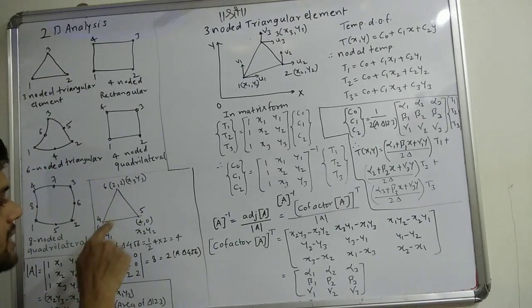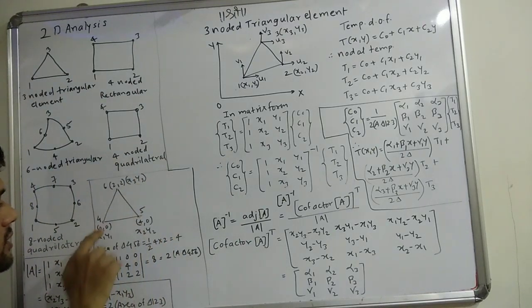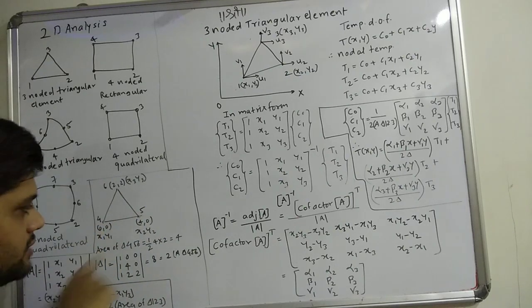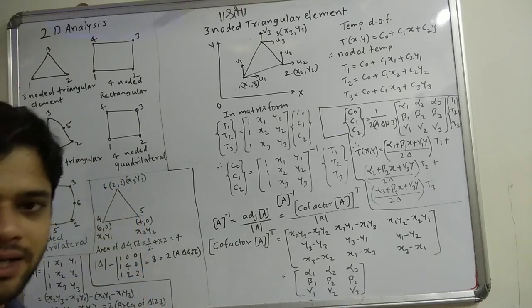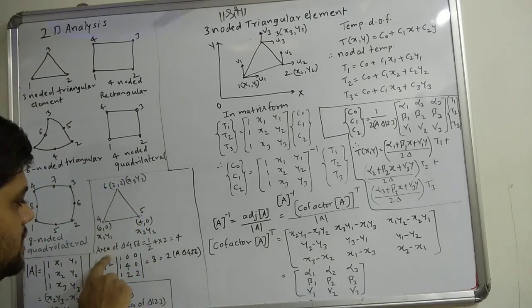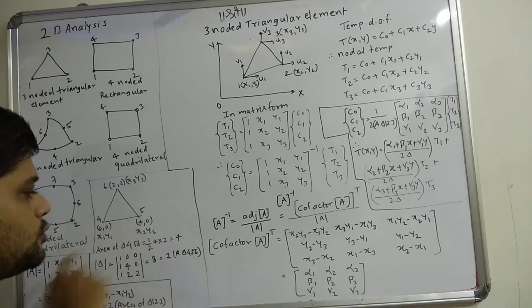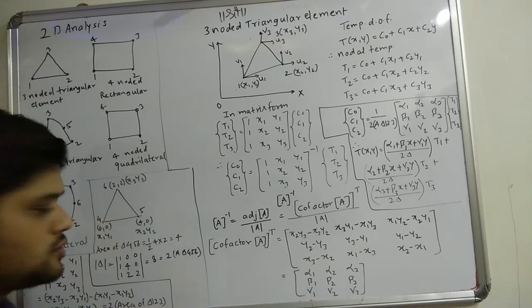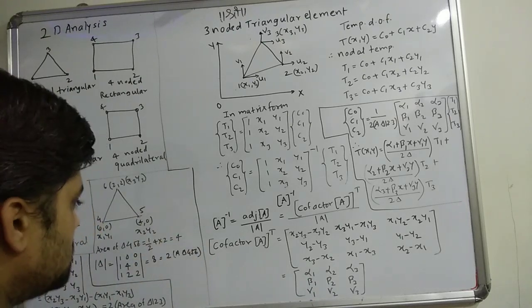Just to prove that, I have taken a small triangle x1 y1, x2 y2, x3 y3 with values 0 0 as x1 y1, 4 0 as x2 y2, and 2 2 as x3 y3. I will find the area of the triangle. The base is 4 and the height is 2. So half base into height, the area of the triangle comes out to be 4 square units.